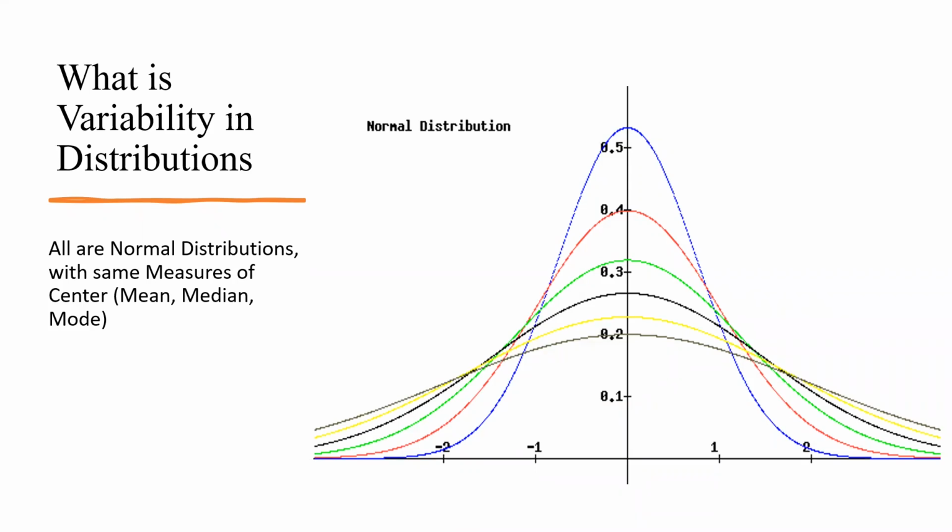But even though the measure of center is the same, we can see that these are different distributions, and that is because of variability. If we see the range of each of those distributions on the x-axis, the purple line has the lowest range we can assume, and then the red line has a slightly higher range on the x-axis compared to the purple one, and green a little higher, and then black a little higher, and yellow, and likewise, right?